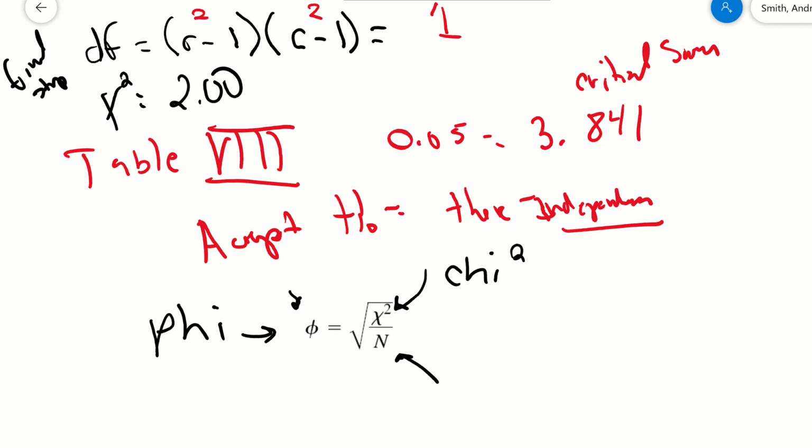So in our example, our chi square was 2.0, and n was 25, right? So that's pretty easy, right? So all we got to do is divide 2 by 25, right?